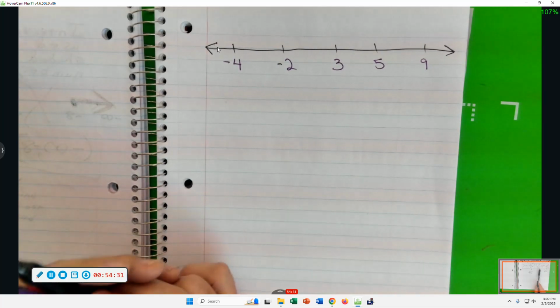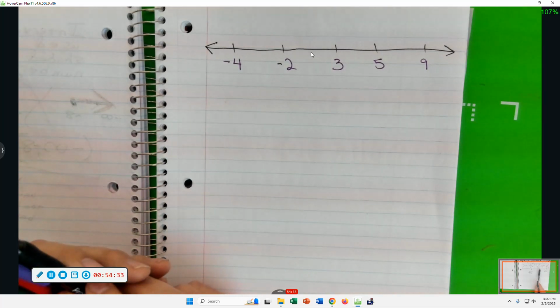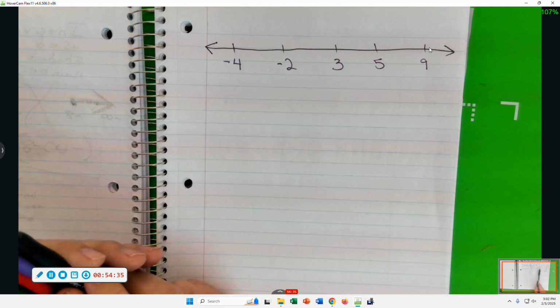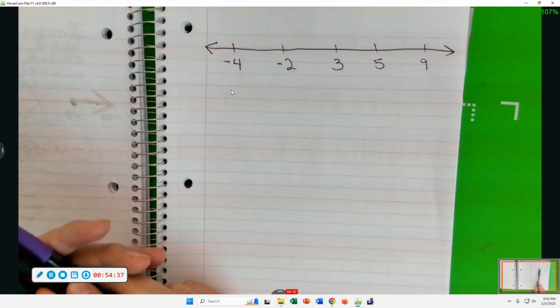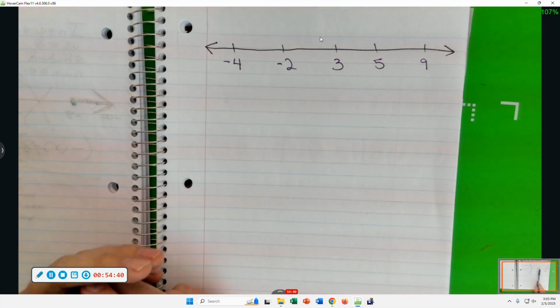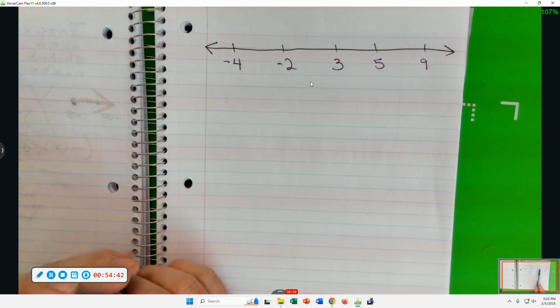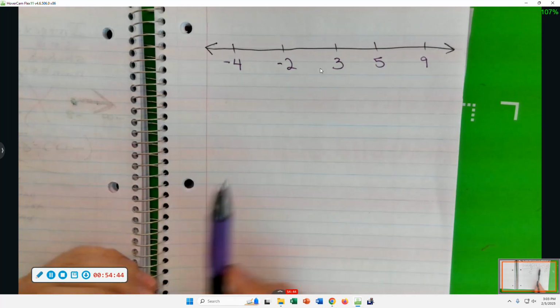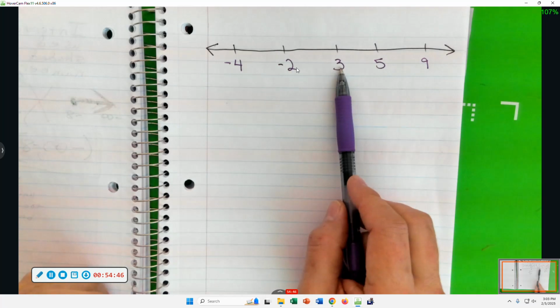This number line's been broken into 1, 2, 3, 4, 5, 6 regions. Where would 0 be in this number line? Between -2 and +3.